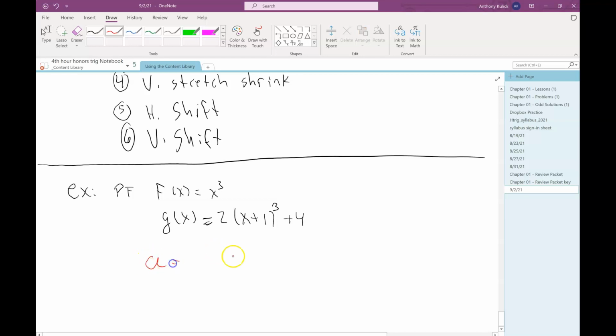I would start by identifying the values for a, c, h, and k for my g of x equal to a times f of 1 minus c times x minus h plus k.